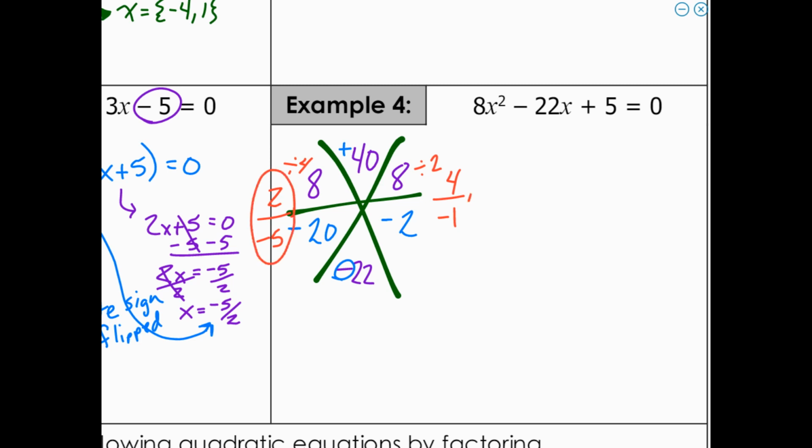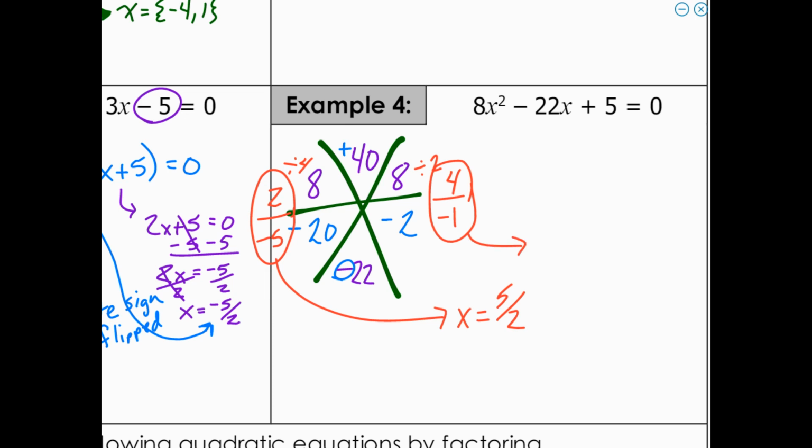So here are my 2 solutions. What am I going to do? So x equals, for this one, I'm going to change the sign. So instead of negative, it's going to be what? Positive. And I'm going to flip it upside down. So instead of 2 over 5, it's going to be what? 5 over 2.